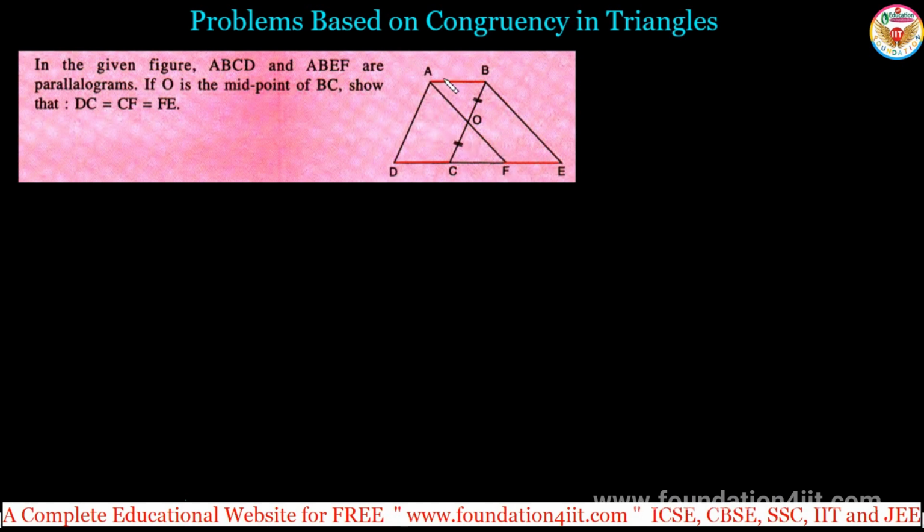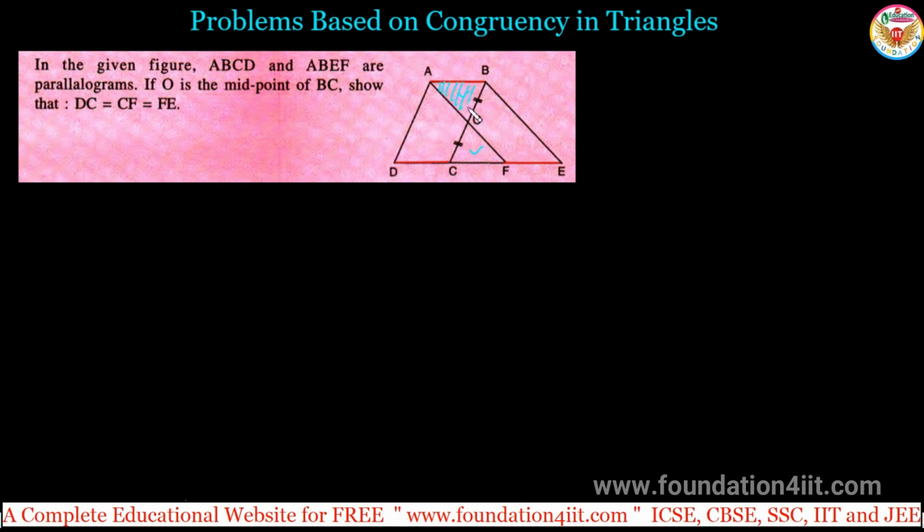As per the parallelogram property, AB is equal to DC is equal to FE. But if I prove DC is equal to CF also, then we can say all three are equal. So AB and CF are sides of which two triangles do you observe? These two triangles you take.